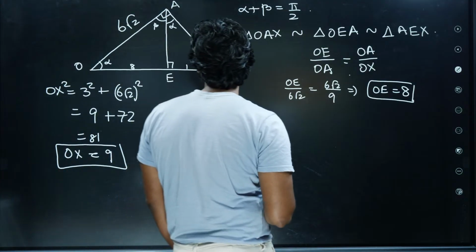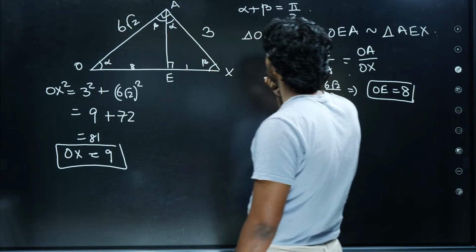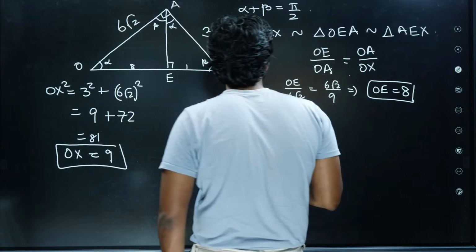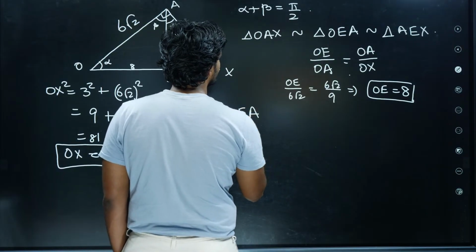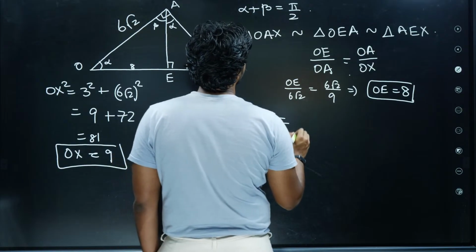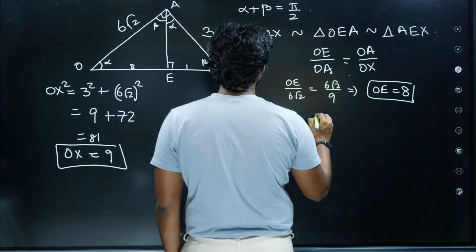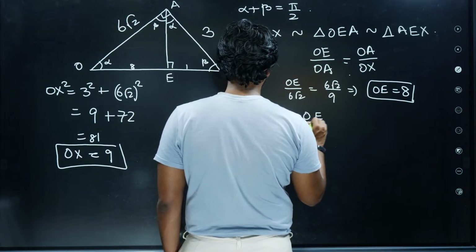So if this is 8 and 1, we know how to find AE. So our aim is to find AE, right? I can also do EA by AX. EA by AX is equal to OE by OA.